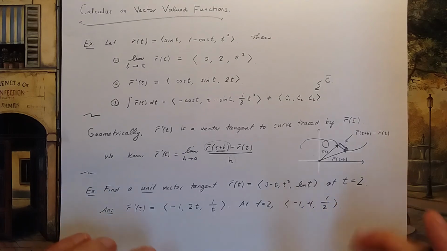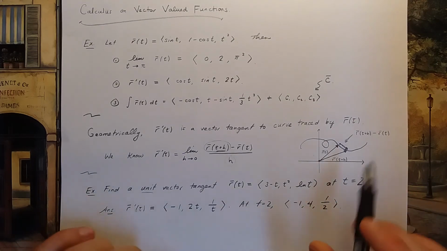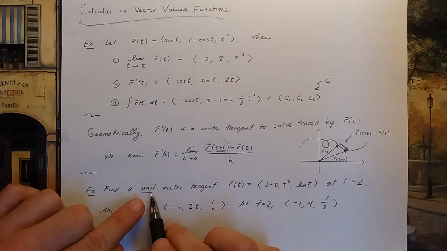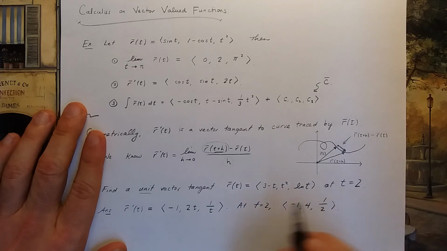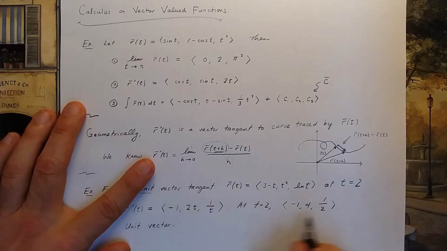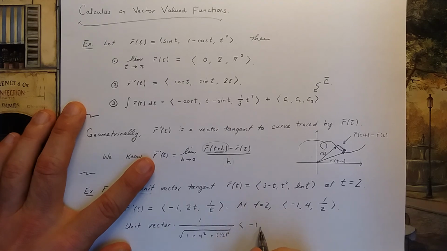That is a vector in the direction of the tangent vector, but it may not be a unit vector. This is the correct direction, but maybe not the correct length. So the unit vector that I'm looking for is this vector divided by its length. The length of that vector is the square root of 1 squared plus 4 squared plus 1/2 squared, so the unit vector is 1 over that square root times the vector -1, 4, 1/2.